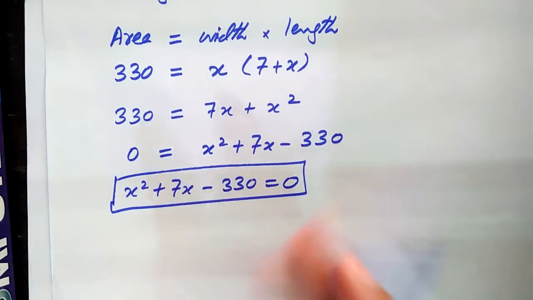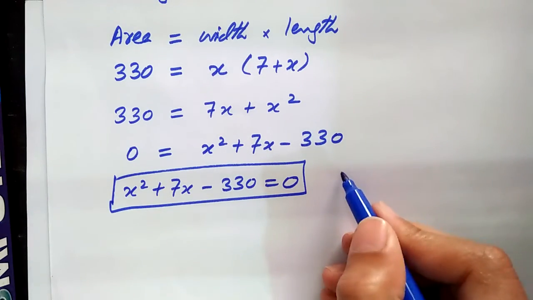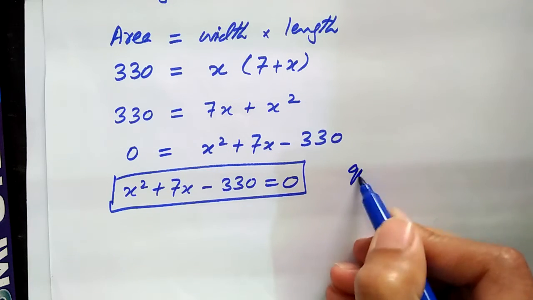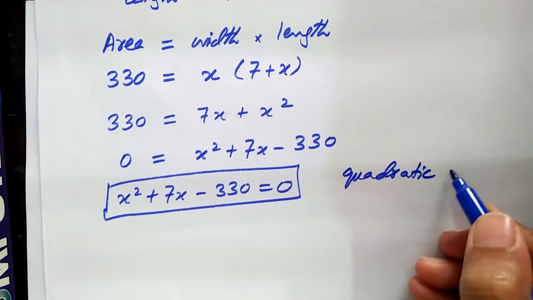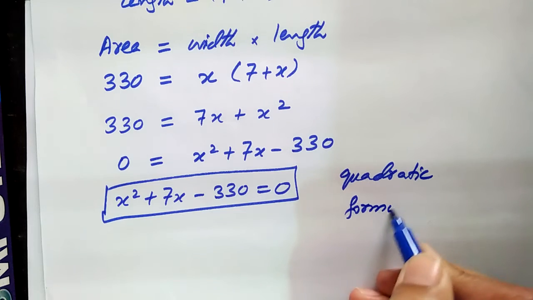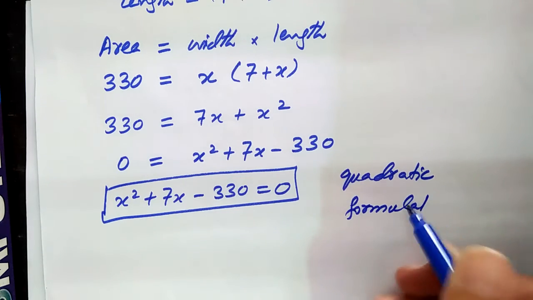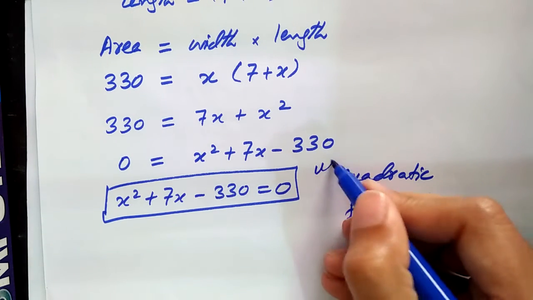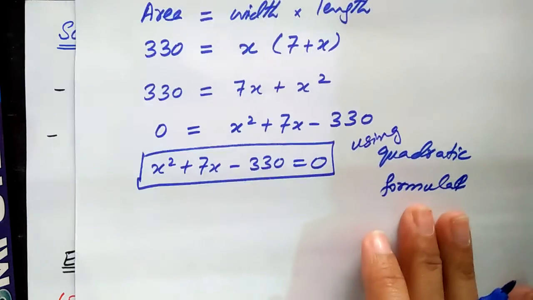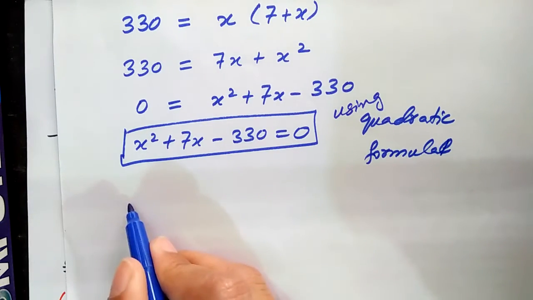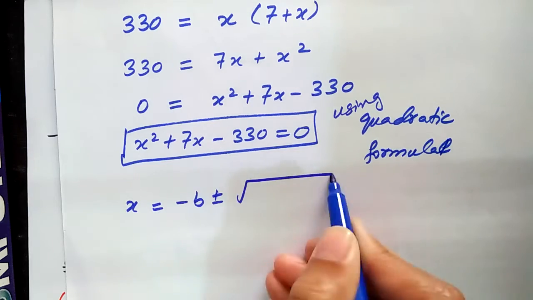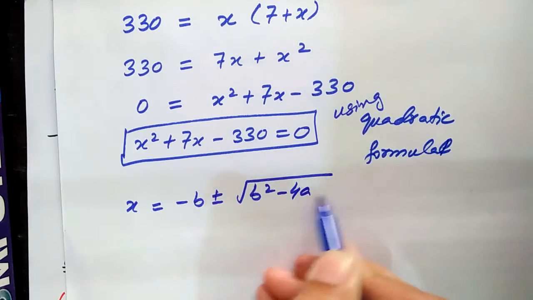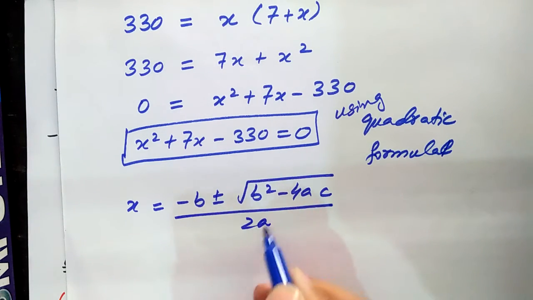So how are we going to solve it? We will solve it using the quadratic formula. So the quadratic formula is x equals minus b plus minus square root of b square minus 4ac over 2a.